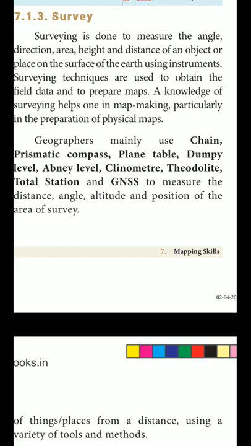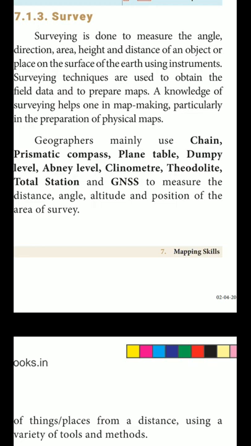Sometimes they may use chain or prismatic compass also to measure the earth or any object or distance, isn't it? Or plane table, Dumpy level, Abney level, clinometer, theodolite, total station and GNSS to measure the distance, angle, altitude and positions of the area of survey.